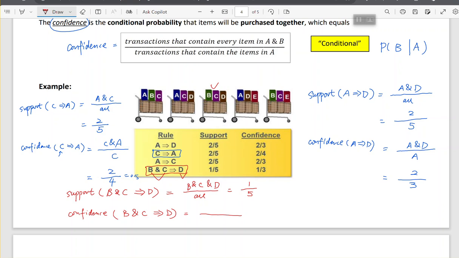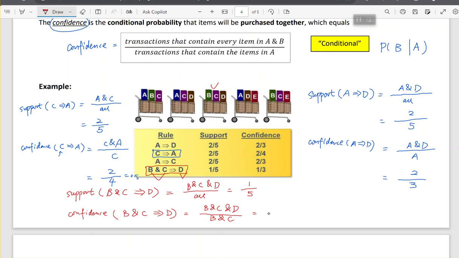So that means the customer should already have bought B and C. Okay, now B and C are already in his basket. Now how many of them will also go and buy D, so that B and C are already in the basket and also D is in his basket?